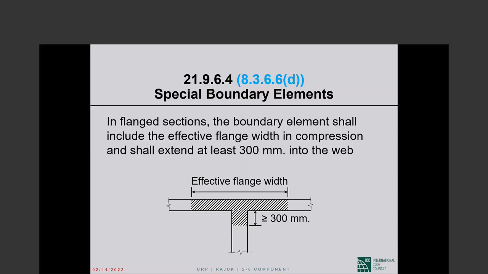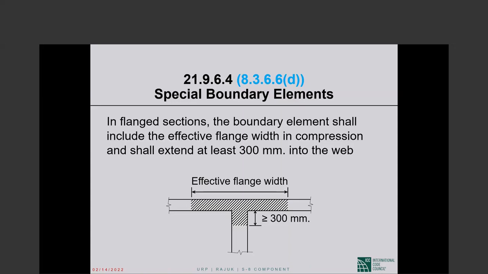If the boundary elements at the two ends become large enough that they overlap each other, does this ever happen, Dr. Ghosh? What is the best solution, increase the thickness of the shear wall or increase the length of the shear wall?